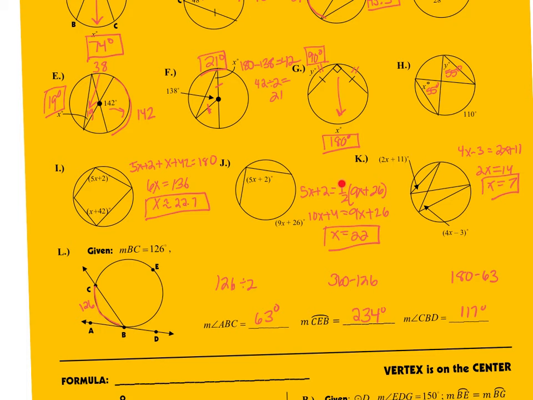If I look at this, I could distribute this, but then that creates fractions. So what I do first is take that 1/2 and use the reciprocal, multiply by 2, which over here then would give me 10x plus 4. And when I multiply the 2 by this side, that gives me 9x plus 26. And then I'm just able to solve that to get that x is 22.